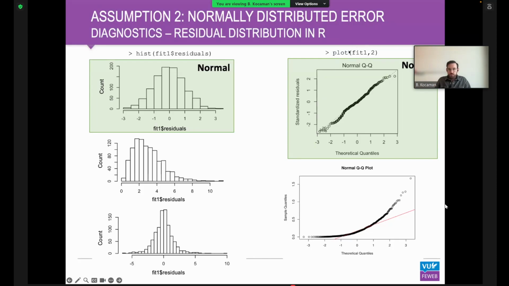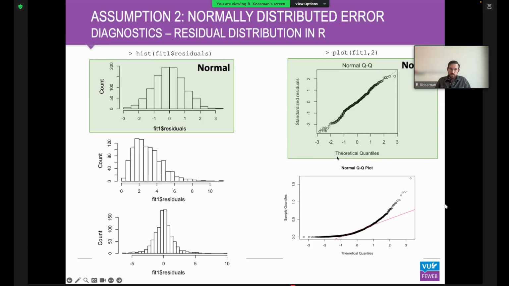Or you can also use a QQ plot, and this is how you get it. So again, you use the model object, but now you use the second plot in this object. The quantile plot actually is a scatter plot of the standardized residuals and the theoretical quantiles. And these theoretical quantiles refer to the theoretical quantiles of the standard normal distribution.